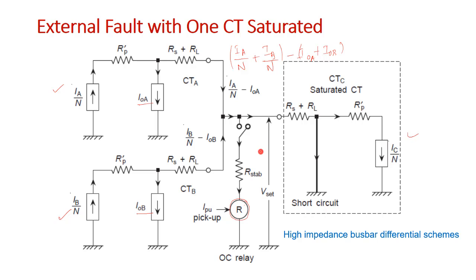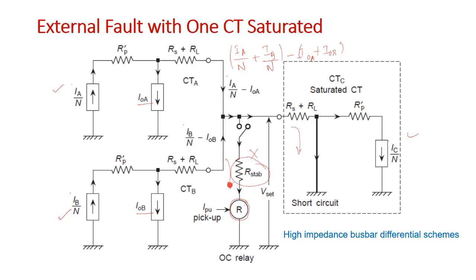Because it is short circuited, some current will flow through this and some current will flow through the overcurrent relay when the stabilizing resistance is not there. Without the stabilizing resistance we are just analyzing. Because of this spill path current, this relay will trip.